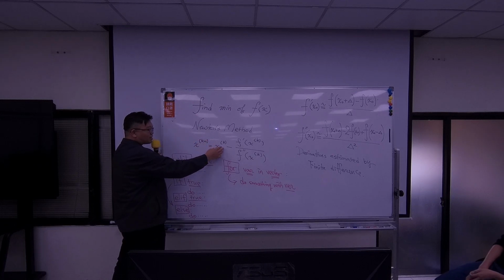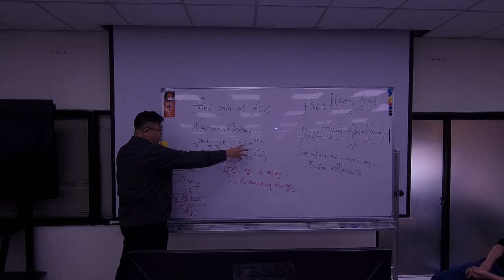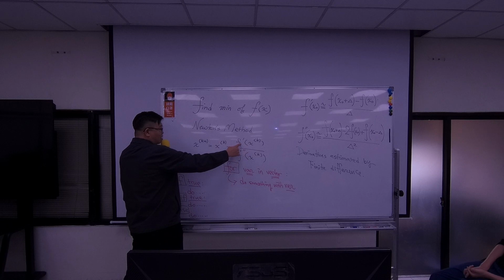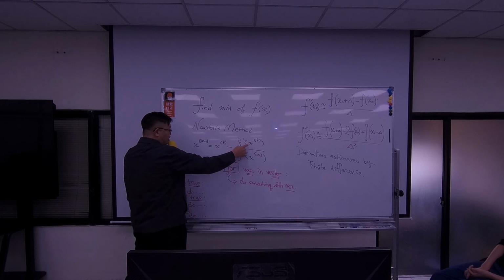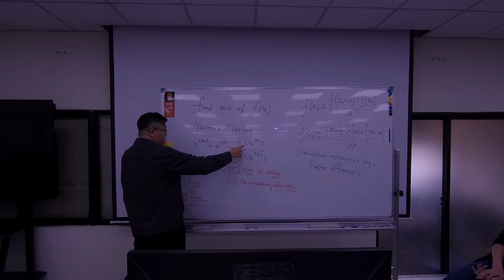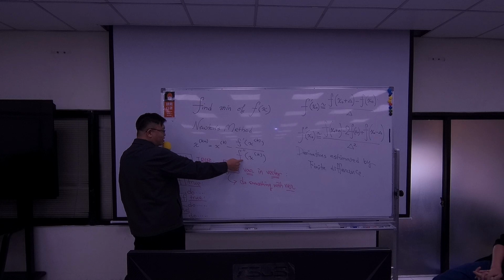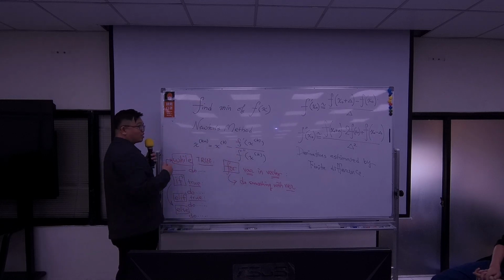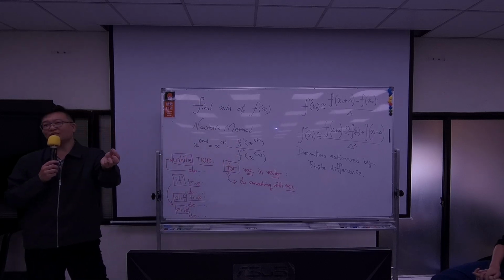So your guess, x_k, needs to minus some value here. This is the first order derivative of f, using x_k to plug in, divided by the second order derivative, basically f double prime. If you keep on doing this, you should be able to find the minimum point.